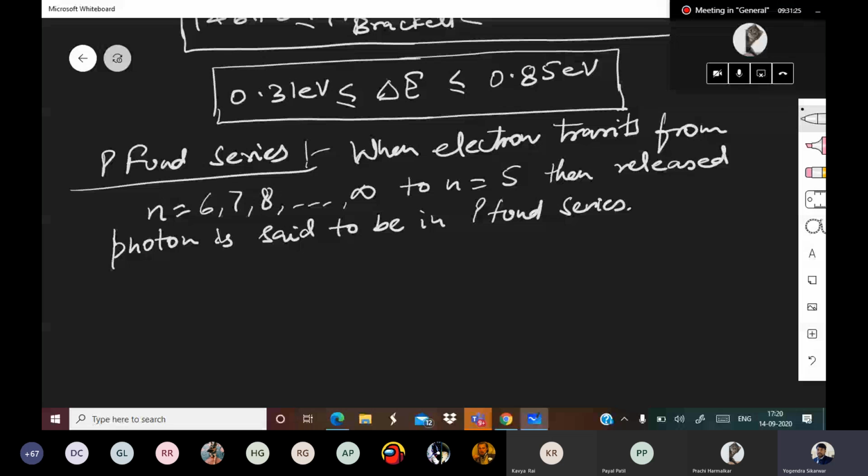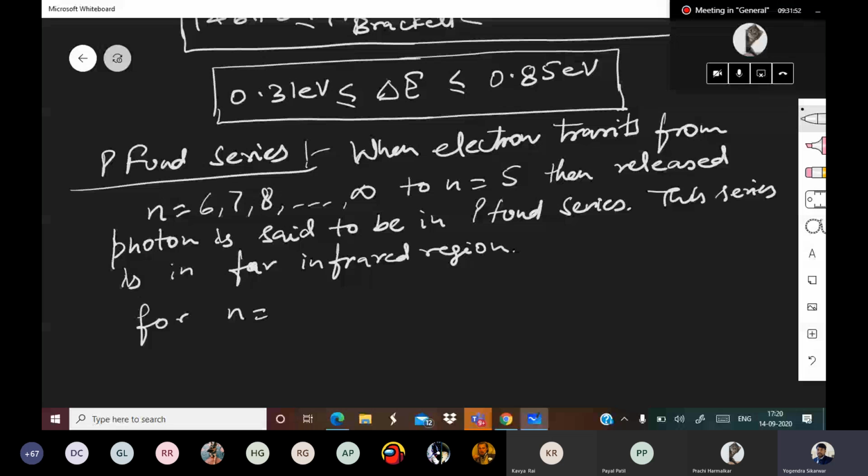So for n is equal to 6 to n is equal to 5, delta E. Please tell me quickly. Sahil is saying 0.16 eV.